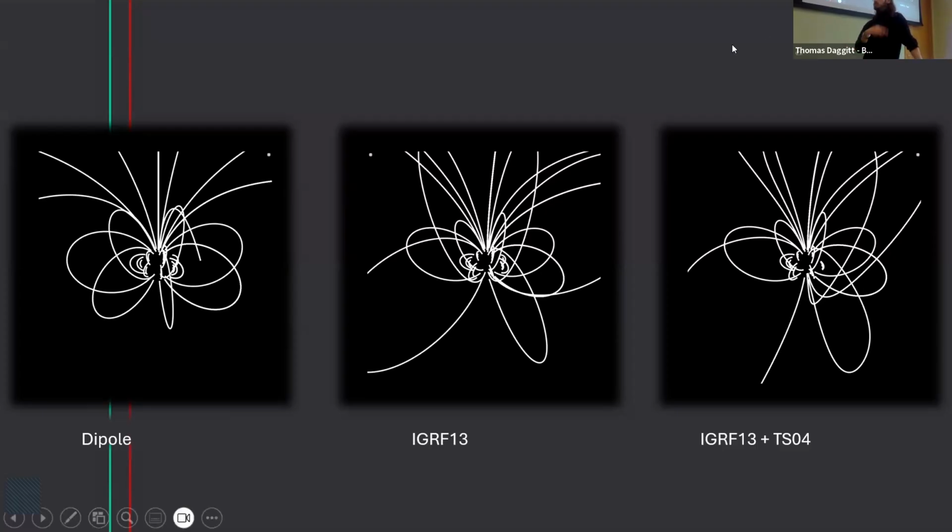So on the right here, we've got IGRF-13 plus one of these external field models, which is the Tsyganenko and Sitnov 2004 model. And that introduces a lot of distortion due to solar wind. So you go from this dipole-like shape to something that is squashed on the day side and drawn way out on the magnetotail behind the Earth.